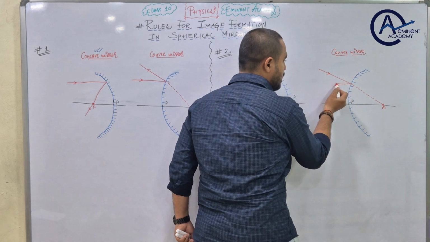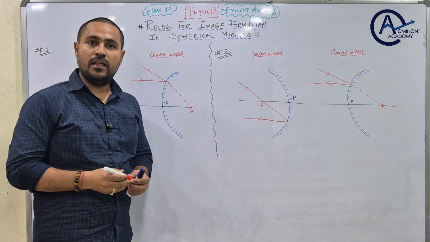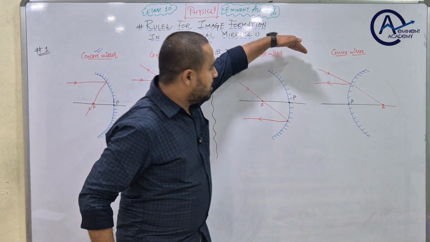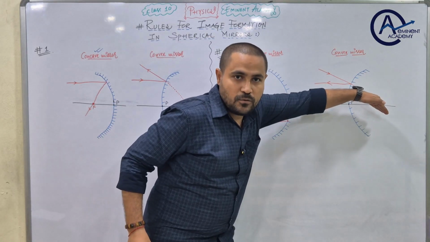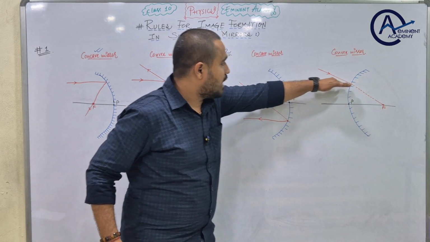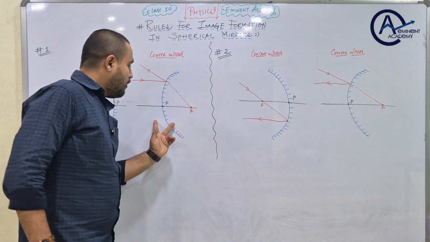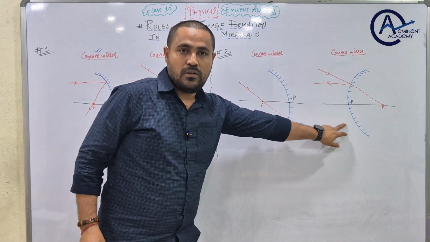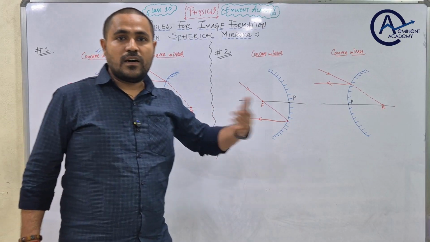So after reflection it will pass parallel to the principal axis. See here, it is incident and it is appearing to pass through the principal focus, and after reflection it is diverging parallel to the principal axis. Again it is vice versa of first rule, right? So these are the two rules. Now we'll discuss third one.